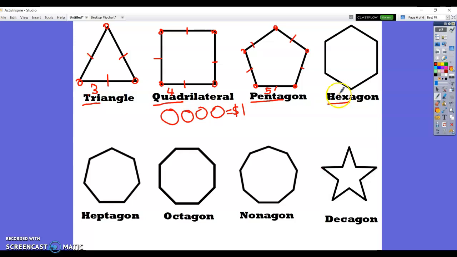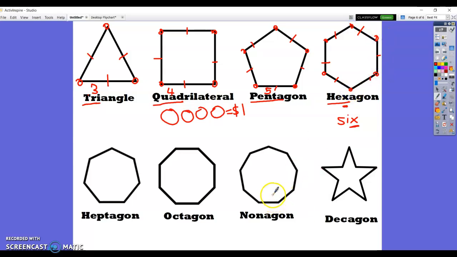Which one has the letter X in it? The answer is 6. So make a little connection. When you see hexagon with the letter X, you know that means it has 6 sides. 1, 2, 3, 4, 5, 6. And it also has 6 vertices. 1, 2, 3, 4, 5, 6.